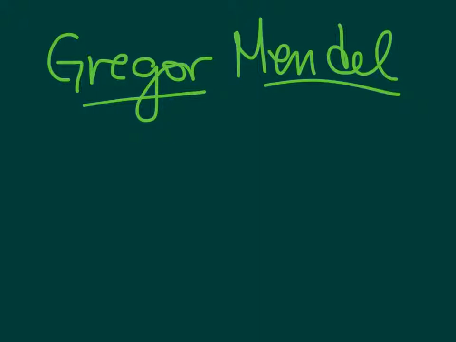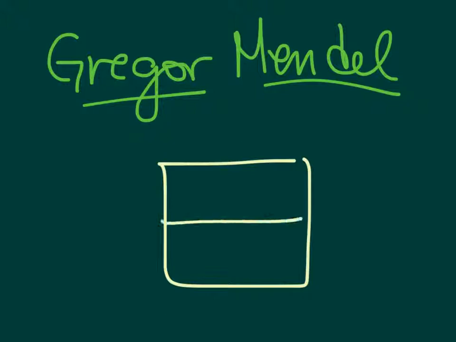He's the guy who allowed us to write these things. And he gave his characters names, capital letter for the trait that he saw more frequently, and a lowercase letter for the one he didn't see as often. So what he did was said, well, the character of my pea plants that are tall, they have only tall character, and that's all that they will ever give to their offspring.